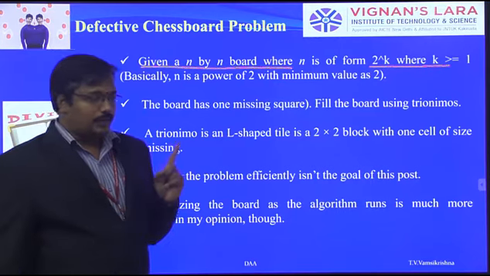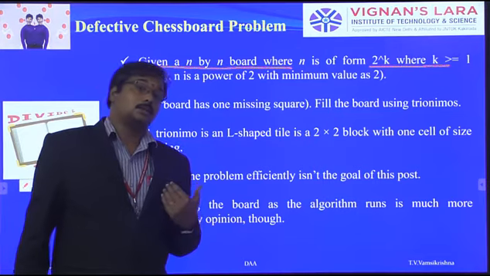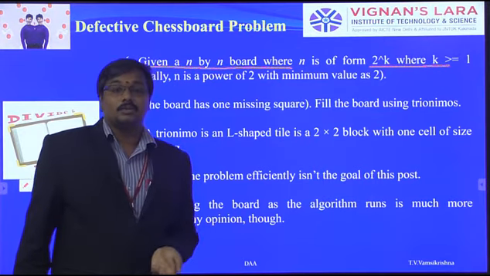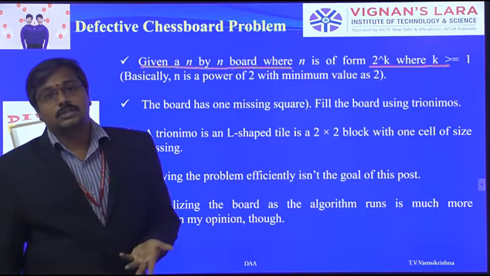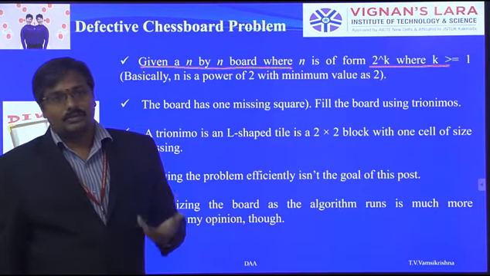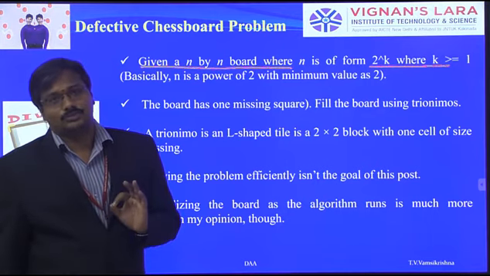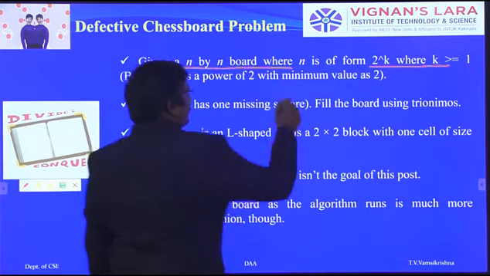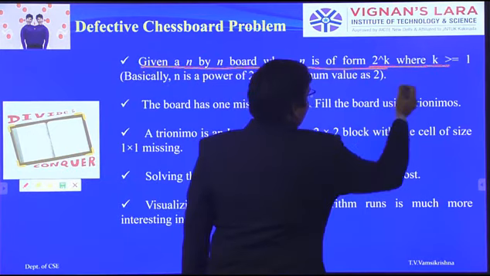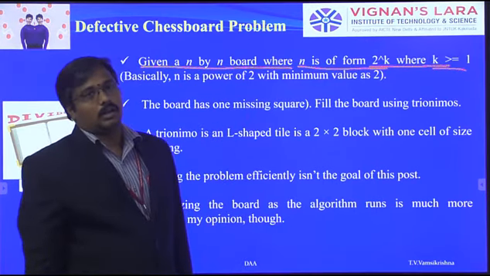We can use a 2x2 chessboard, a 4x4, an 8x8, or a 16x16 chessboard, but we cannot use 3x3, 5x5 or 6x6, as these are not powers of 2. So n should be written as 2 power k, where k is greater than or equal to 1.